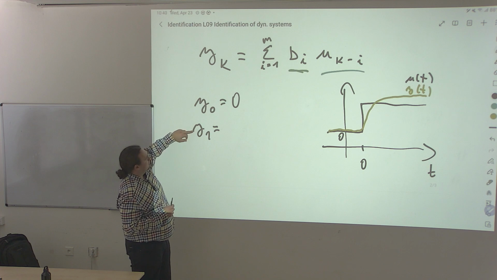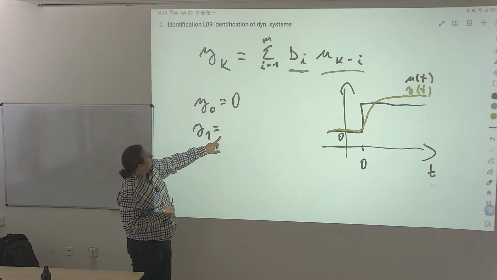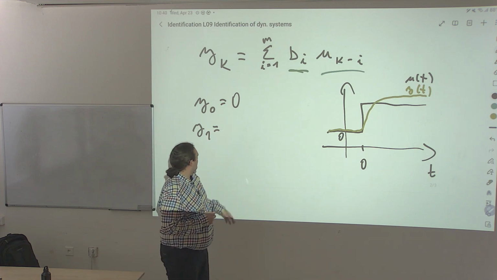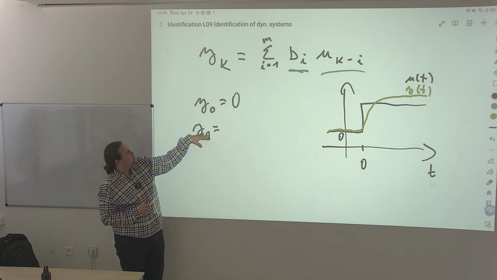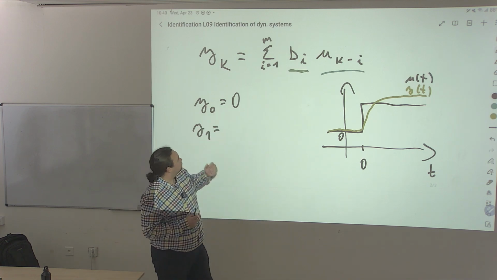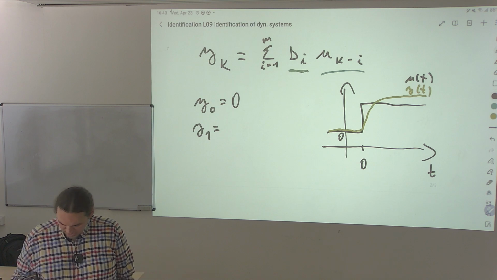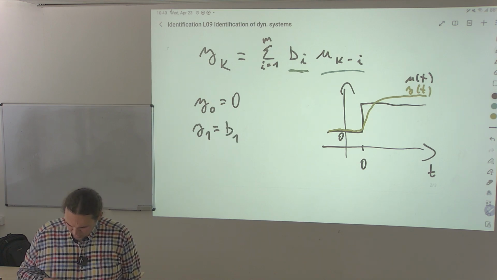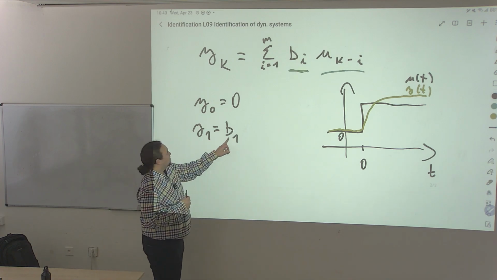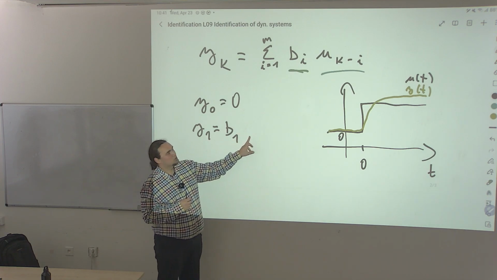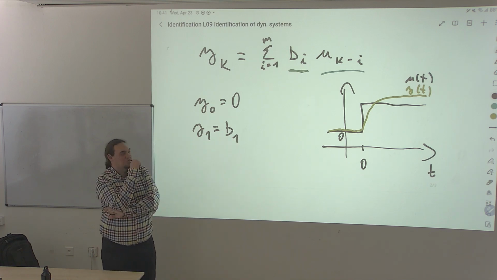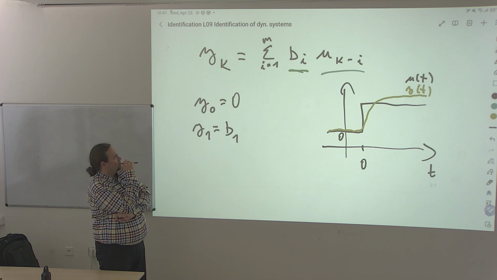Based on our model equation, let's see how this prediction equation would be written. If we take the sum, we need to have what? b1, and we would take what index of u? 0, right?